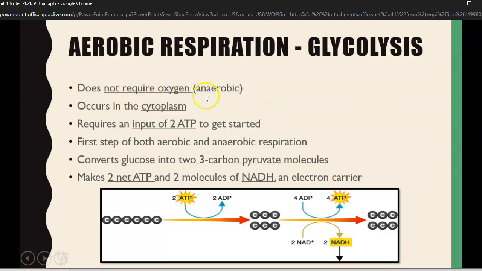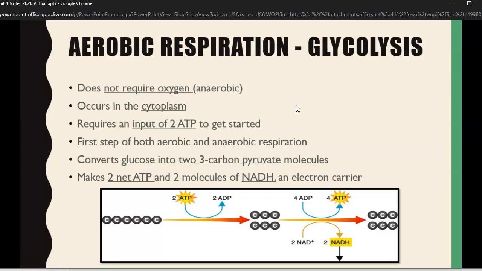Anaerobic does not require oxygen, and it occurs in the cytoplasm. So this first part, the glycolysis part, does not require oxygen, but it does require 2 ATPs to get started. So it does require some energy to get started, but as you'll see at the end, you actually gain that back. Okay, so it is worth the investment.